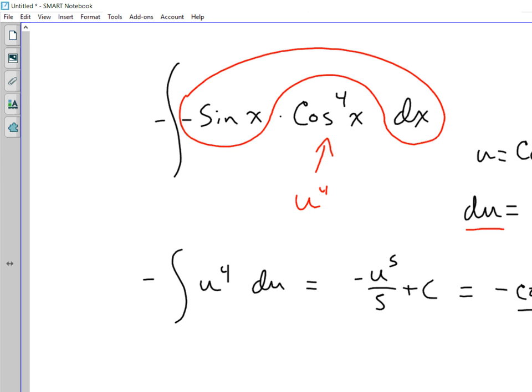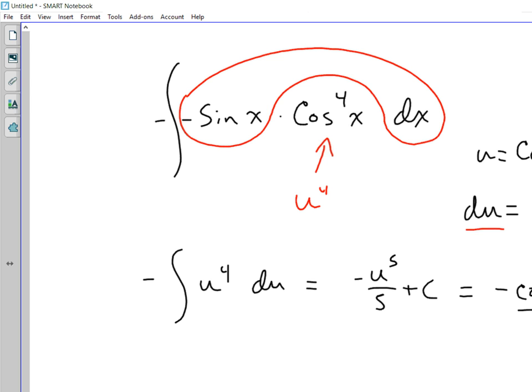The important thing when you're fooling around with these kinds of things is that you want to have a du. If you don't have a du, you're kind of up a creek. Sometimes there are things that you can do to massage the problem so that you do have a good du. So let's go back. In the very beginning of this, I had m and n as my two exponents, and in those two examples, one of them was a 1.